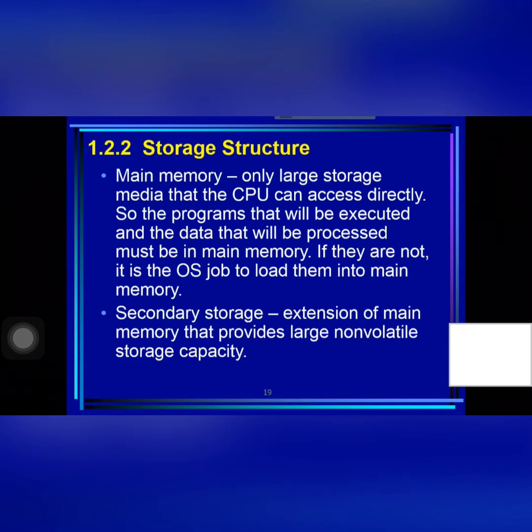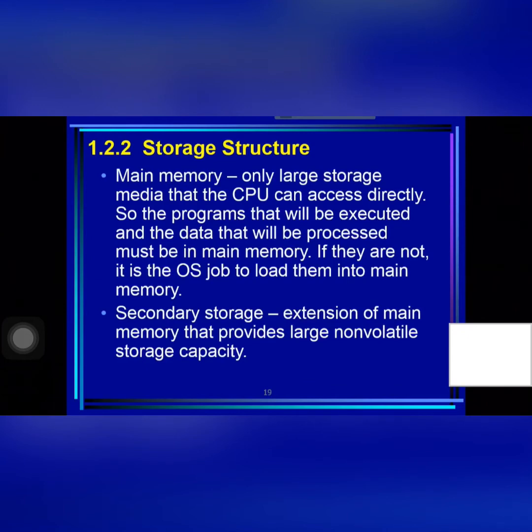Ideally, we want the programs and the data to reside in main memory permanently. This arrangement usually is not possible for the following two reasons. One, main memory is usually too small to store all needed programs and data permanently.